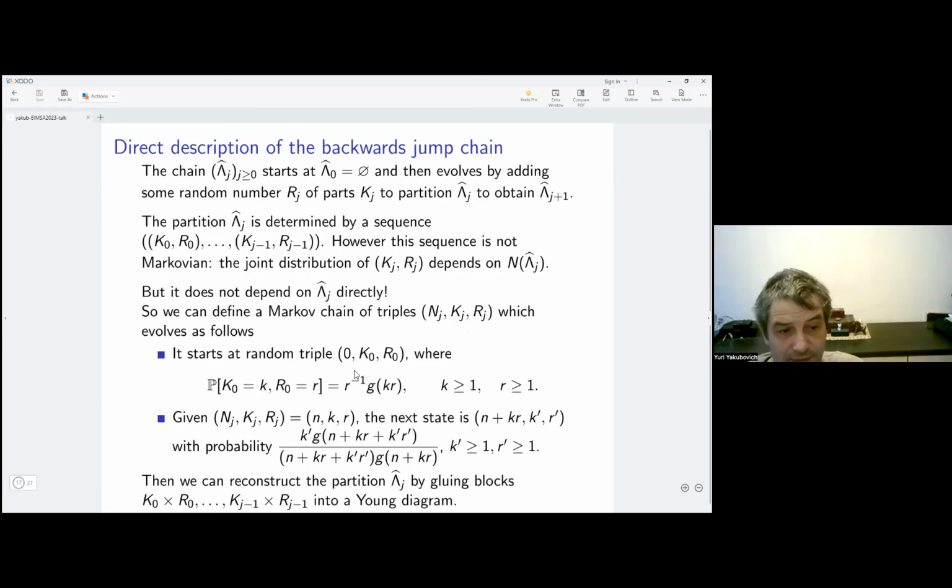So we start at some random triple, which has first coordinate 0, which corresponds to the fact that we start with the empty partition.